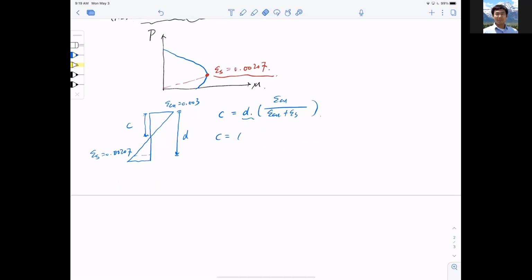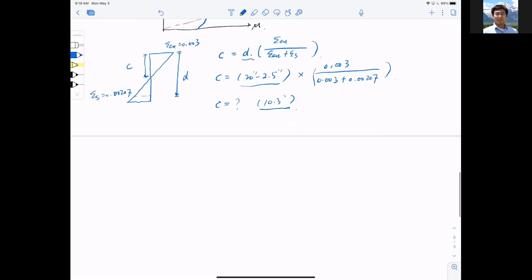So let me just use numbers here. h is 20 minus 2.5 inches. That is the depth. And multiply by epsilon cu equal to 0.003 divided by 0.003 plus the yield strain, which is 0.00207. Okay, all right. So now what is C? Calculate it out. And just to help you out, this is 10.3 inches. But anyway, run a calculation, right? Go through that yourself.